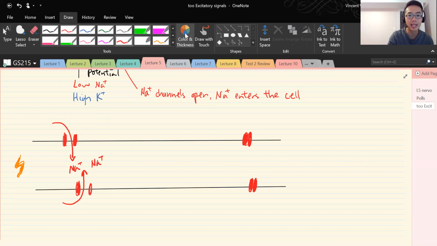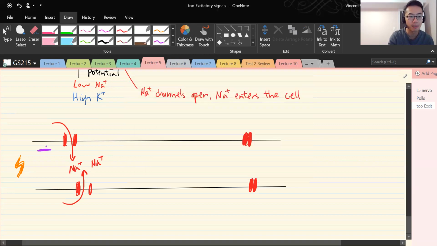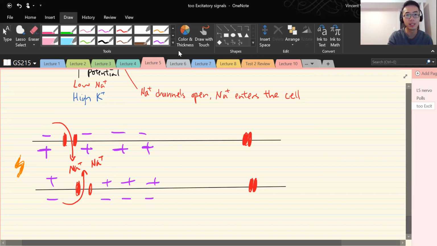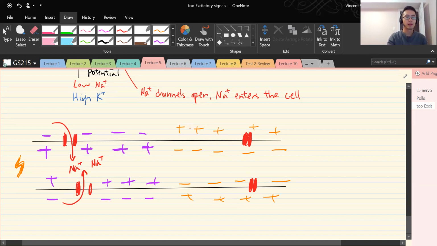So now the inside will be more positive. Okay. However, the rest of the neuron, the rest of the axon, it is still negative on the inside, right? This part is important to understand.